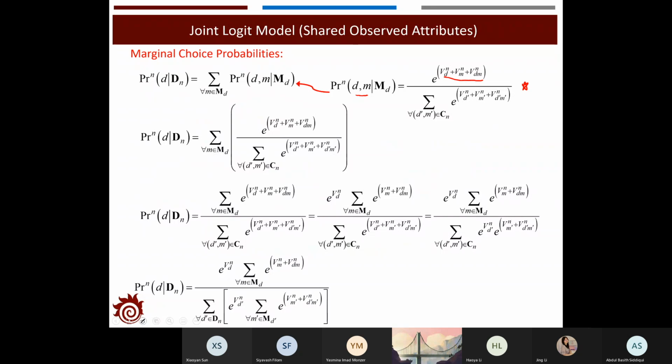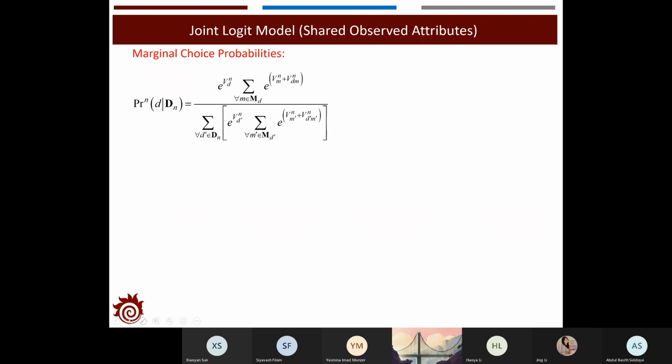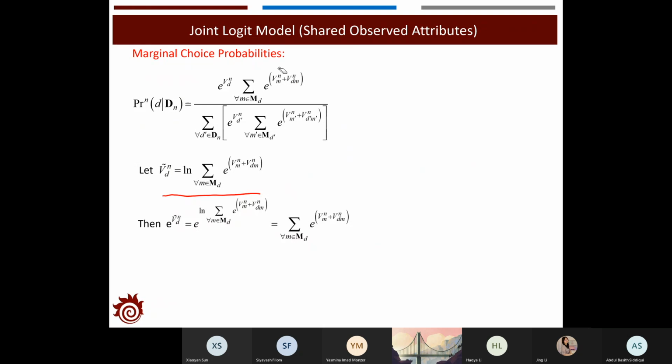So basically, if you put them all together, you will find the marginal probability of D as this big formula. But if we define a new variable, the log sum variable, we call this a log sum term for the marginal choice probability. The exponential of this log sum term will just be the summation of exponential Vm plus Vdm.